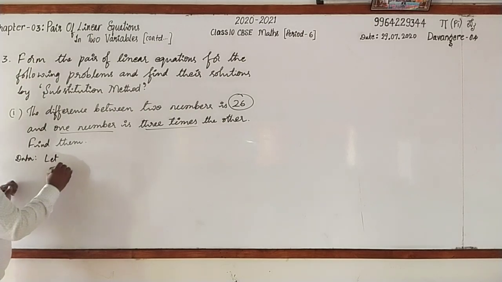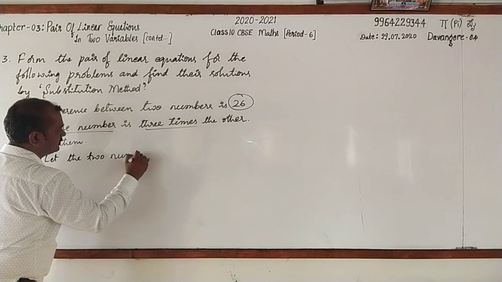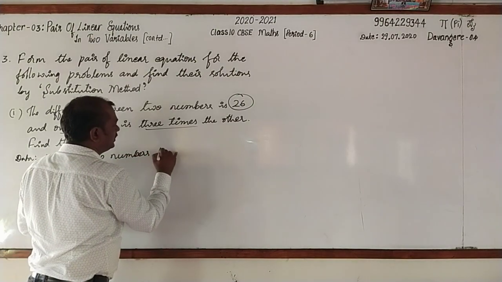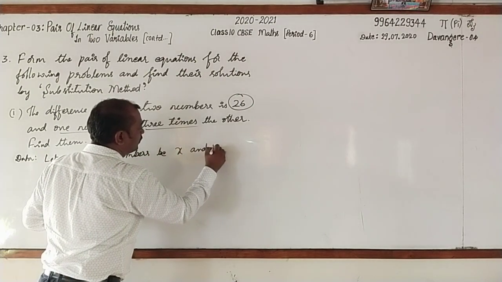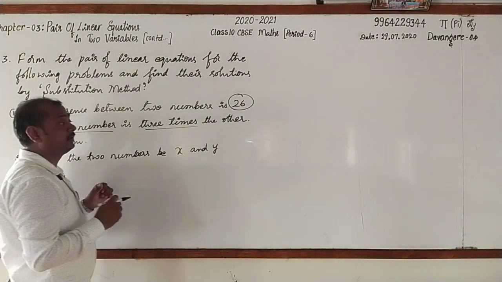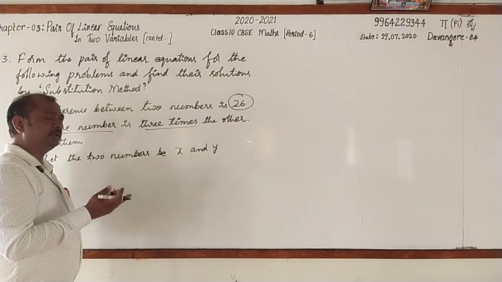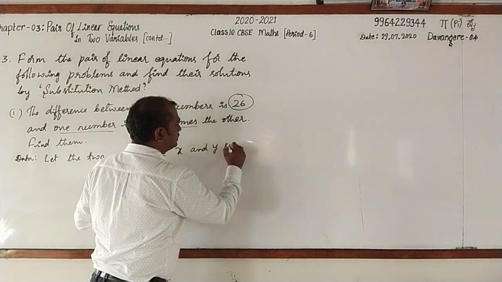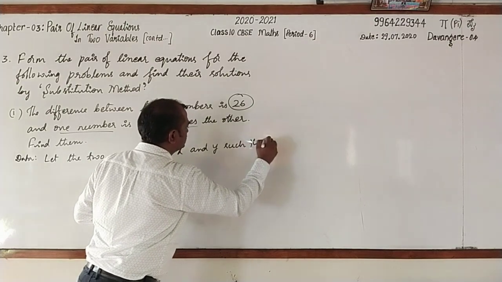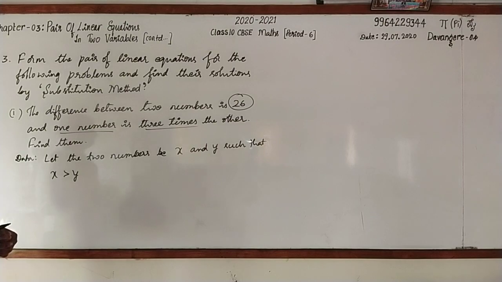Let the two numbers be x and y. But if there is difference, then one should be bigger than the other, right? Here also, again you can assume that x is greater than y.